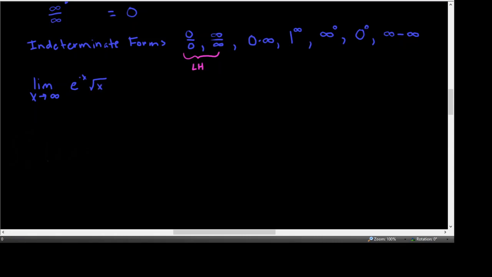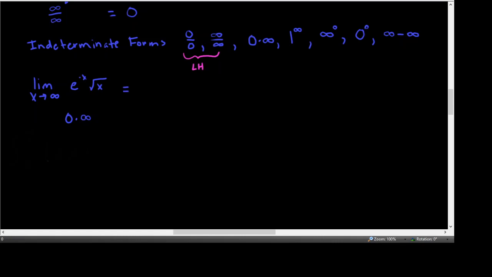Well, if I make the exponent of e go towards the opposite of a huge number, that's headed toward 0. And the square root of an infinitely large thing is headed toward infinity. So that is indeterminate, but we may not yet use L'Hopital's rule.